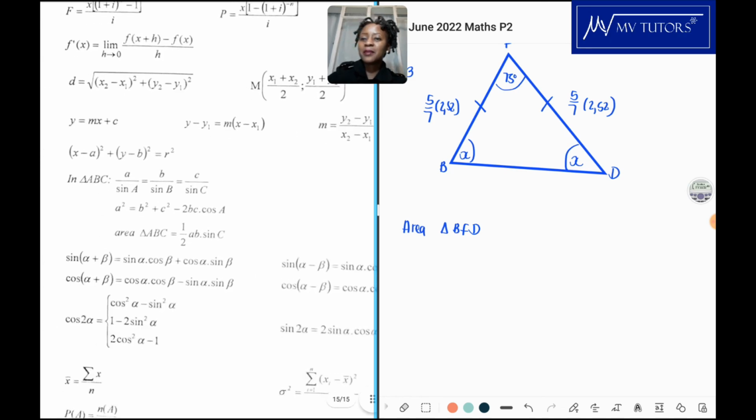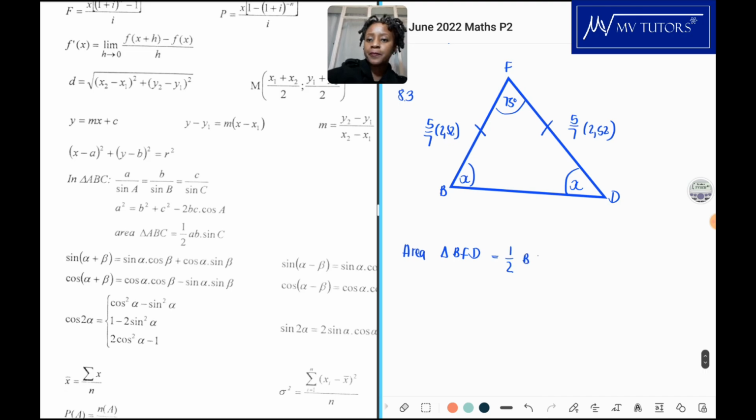So we have half AB, in this case half BF times FD, and then times sine F. So we have half, and BF is basically 5 over 7 times 2,52, and because FD has the same value, I'm just going to square it, and then times sine 75.